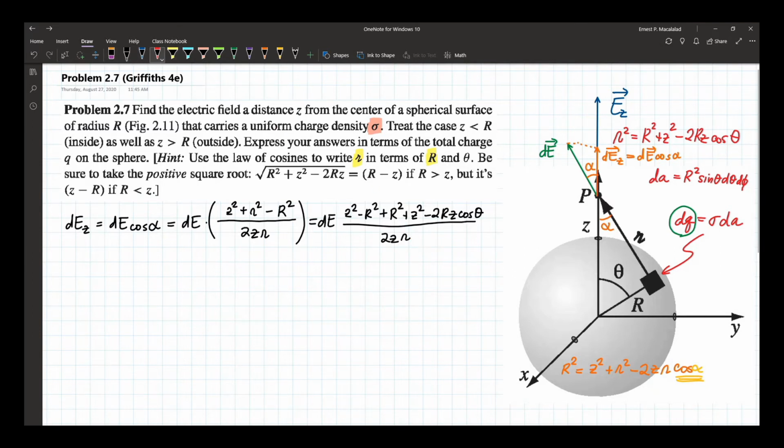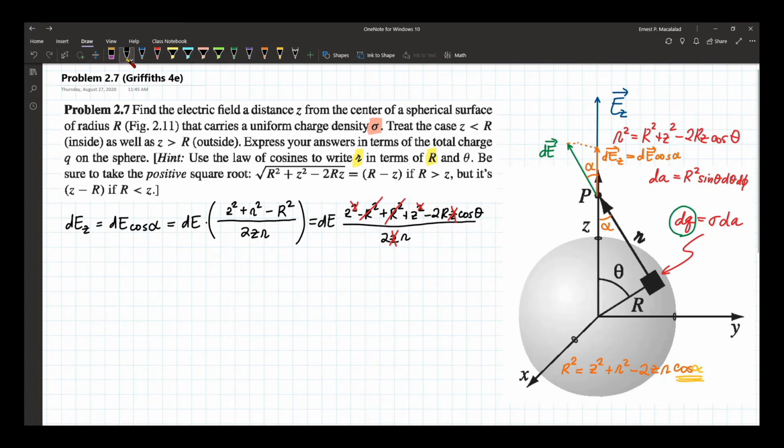So from here, we can cancel R squared. And then z squared plus z squared becomes 2z squared, minus 2Rz cosine theta, divided by 2z script r. So we can cancel one of the z's here, and then we can cancel the 2.